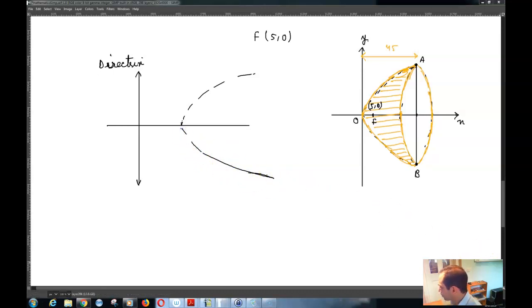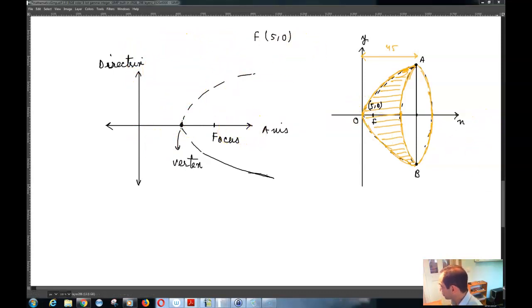You have your parabola itself, and then you have some point over here which is called the focus, and this point over here is called the vertex, and this over here is called the axis. This is a parabola. So this is this whole system. You can call it the parabola.